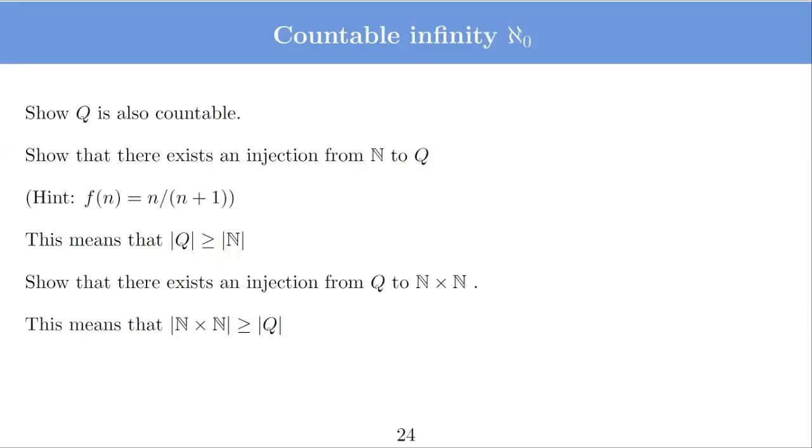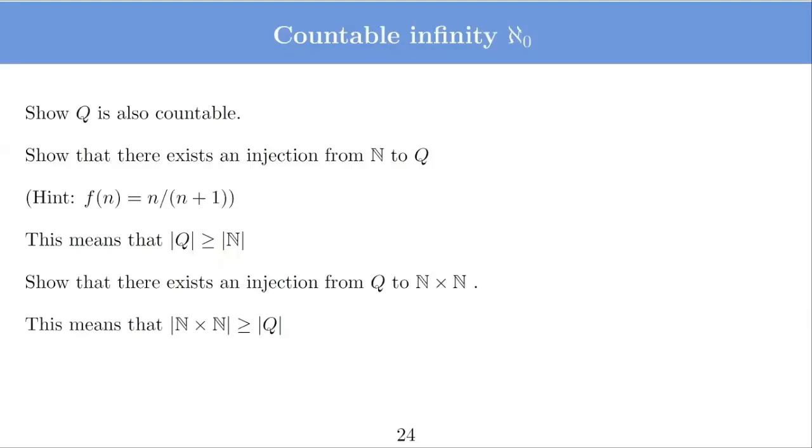One example would be you take n and you map to n/(n+1). If you take any n and map it to n/(n+1), that's a unique number. One n cannot be mapped to two rational numbers, and two n cannot be mapped to the same rational number. So this function is an injection from N to Q.